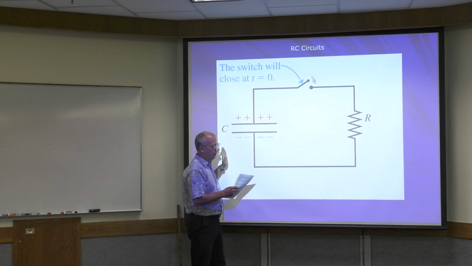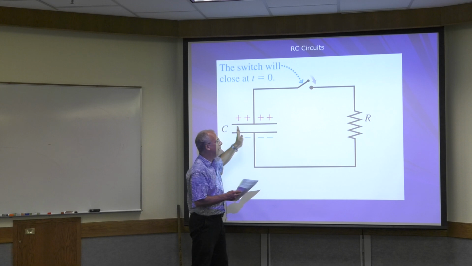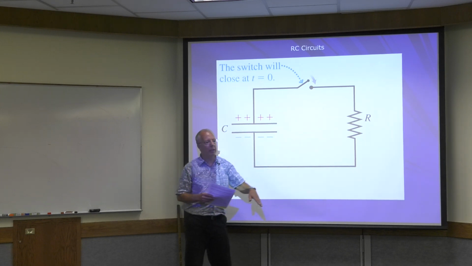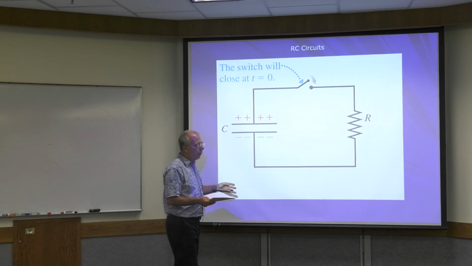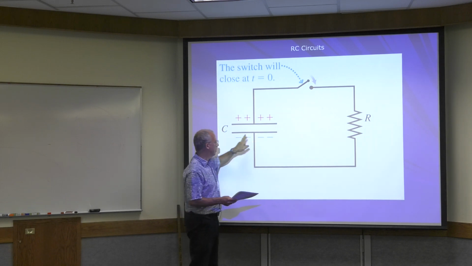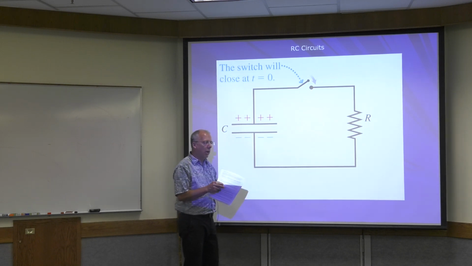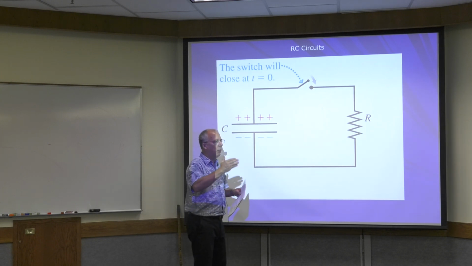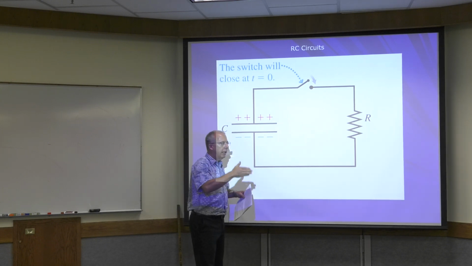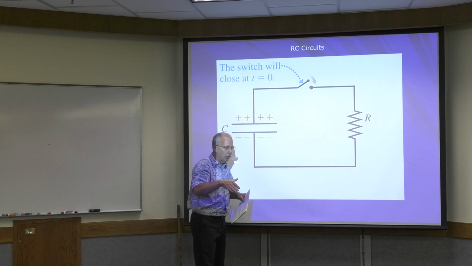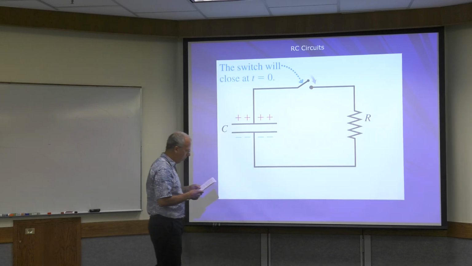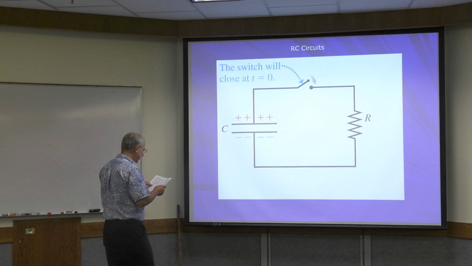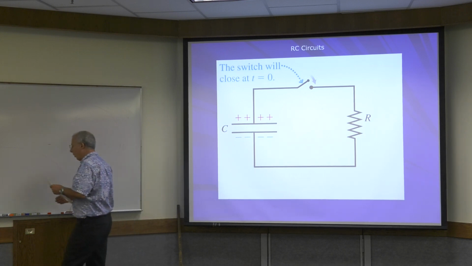Because they're repelling each other. So it's going to be a really, really huge current because they want to get away from each other. But after a while, there's not so many positives, there's not so many negatives, so the current's going to slow down, true? So in other words, there's going to be a really, really big current at first, then it's going to get smaller and smaller.